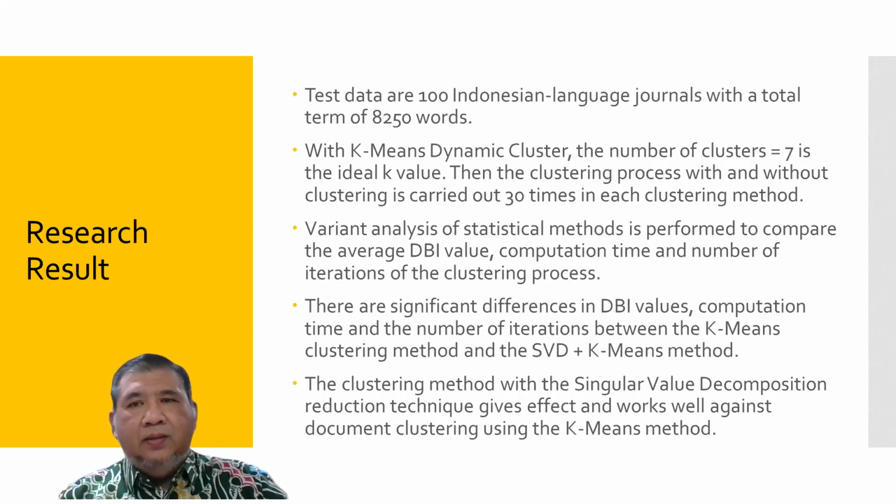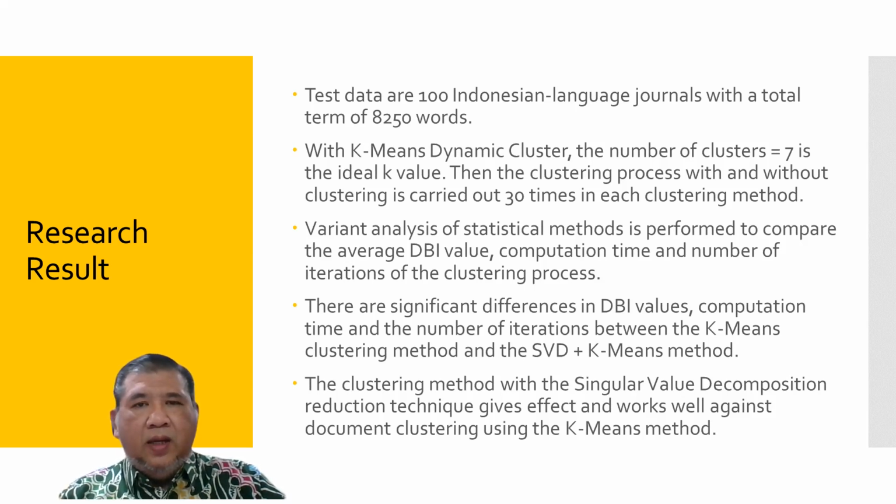Okay, for the result of our research, we derive the data from hundreds of Indonesian language journals with a total of 8,250 words. We use K-means dynamic clustering to find the best number of clusters, which is 7 as the ideal K value.